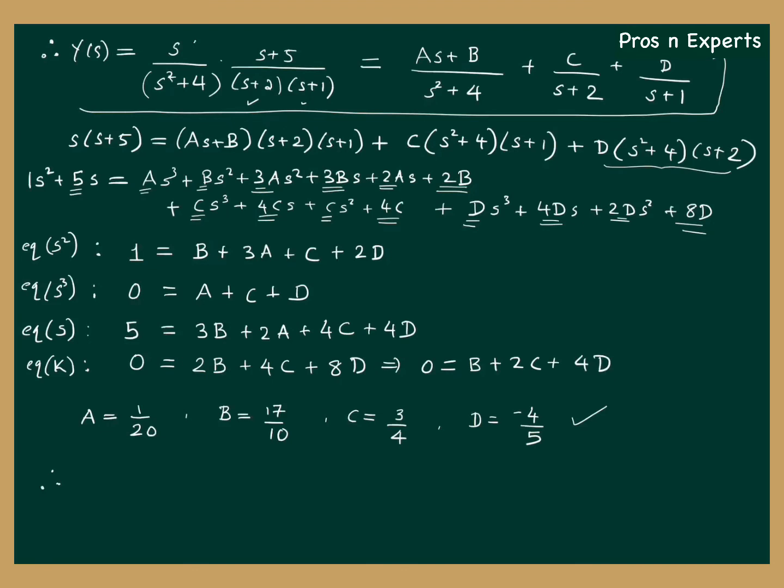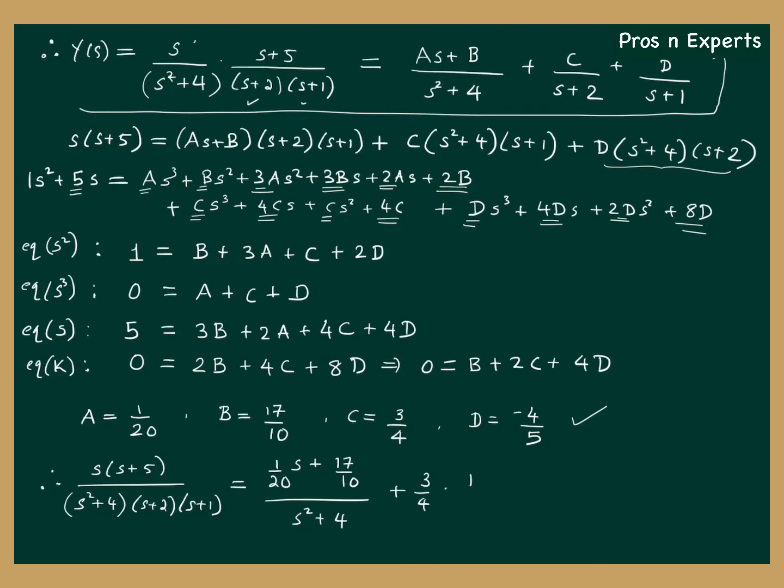Therefore (s(s+5))/((s square plus 4)(s plus 2)(s plus 1)) will be equal to (as plus b) over (s square plus 4) plus c by (s plus 2) plus d by (s plus 1). a is 1 by 20, b is 17 by 10, c is 3 by 4, so 3 by 4 into 1 by (s plus 2), and d is minus 4 by 5, so minus 4 by 5 into 1 by (s plus 1).